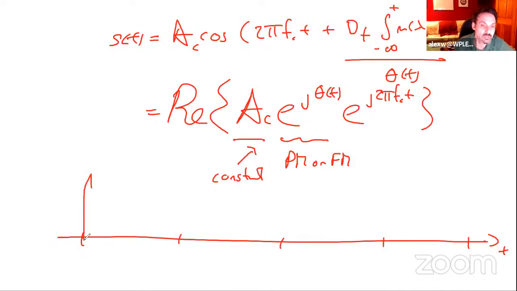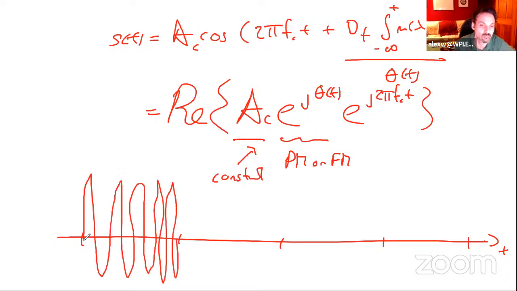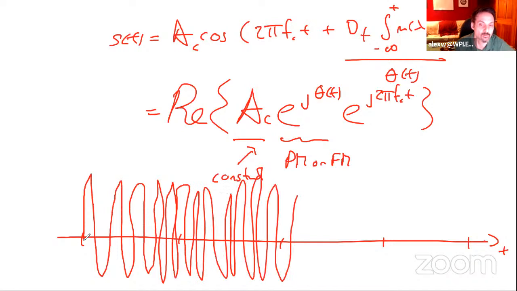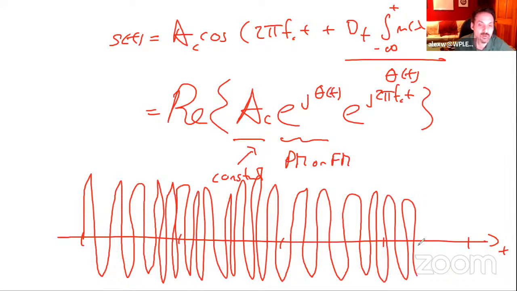We would have something that looks like this, and then the frequency would progressively get faster. Then we would have binary 0, then let's say we go back to binary 1, and then back to binary 0. So we had this transitional process between every Ts seconds.